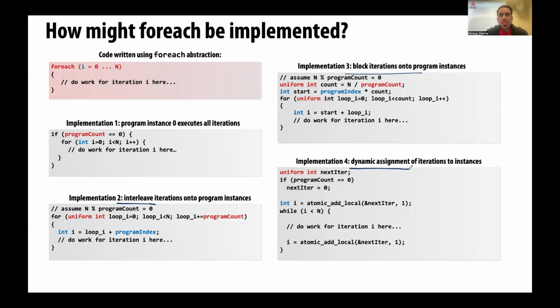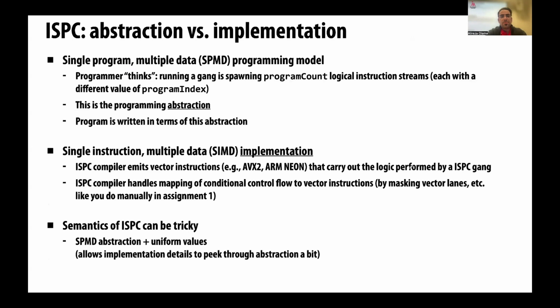So what is very important here is to understand the differences between the abstraction and the implementation, right? In terms of ISPC, for example, and we will see many other programming models that have the same philosophy, you as the programmer work with the abstraction layer, right? You only declare how your program is written and what portion of your program can be executed in parallel.